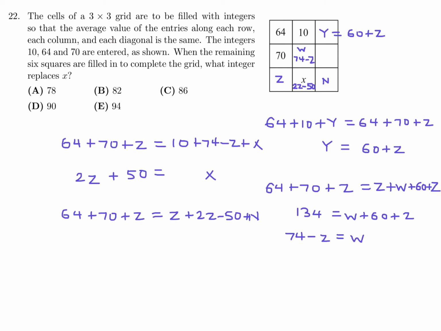Okay, let's isolate for n now. So n looks like we've got minus 2z, and then when you add up all the numbers, 134 minus 50, that's going to be 84.